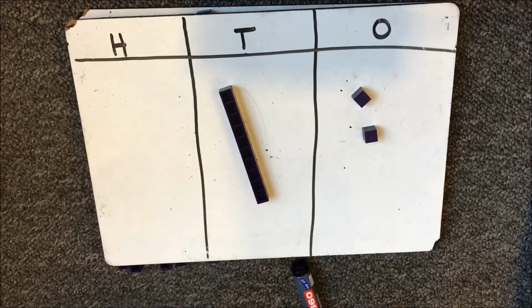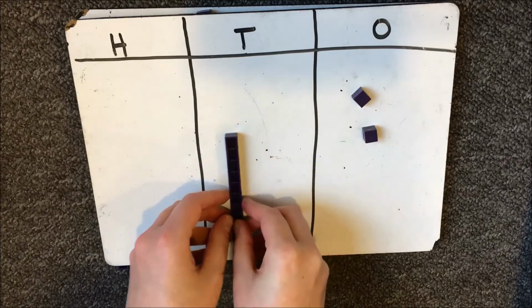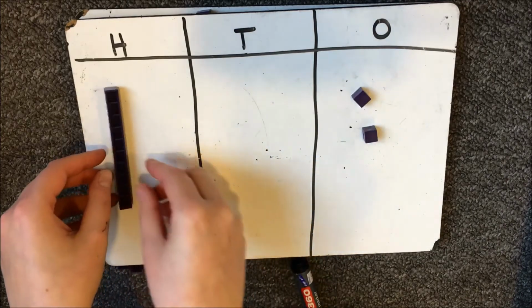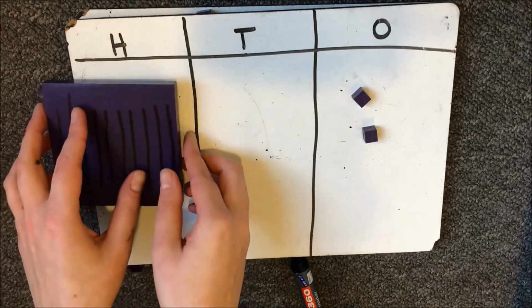I'm going to have to make all of this 10 times bigger to make it in my 20 pattern. So what happens? This one is going to move into this one because I'm going to have 10 tens now. This changes to this.